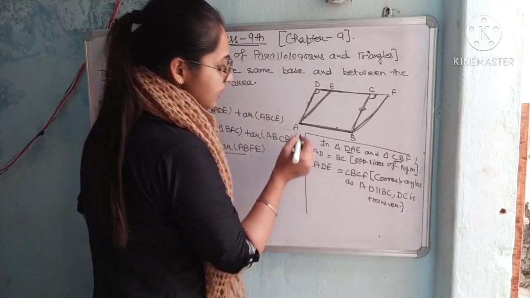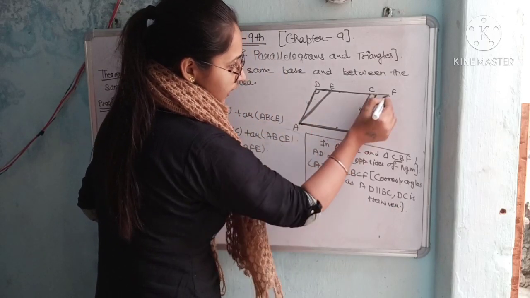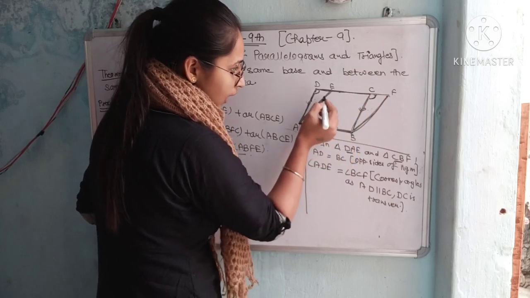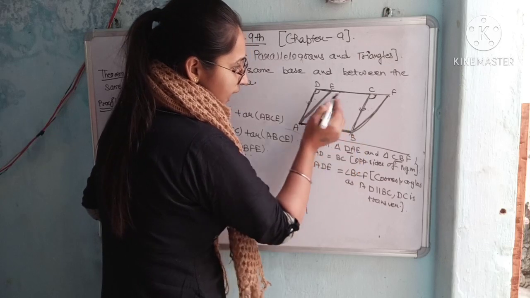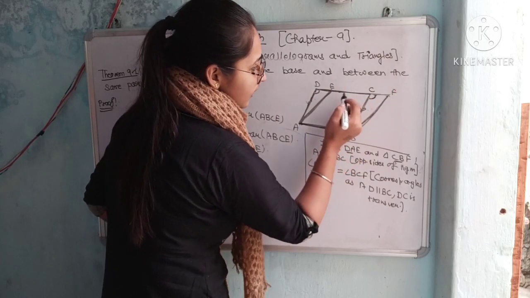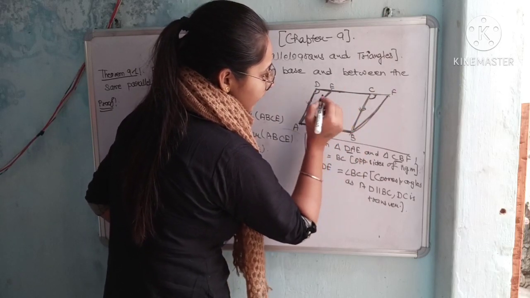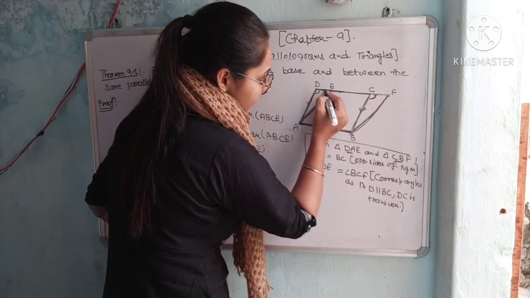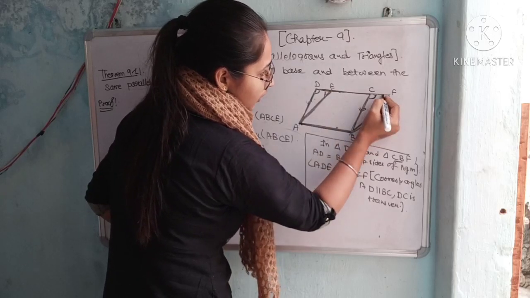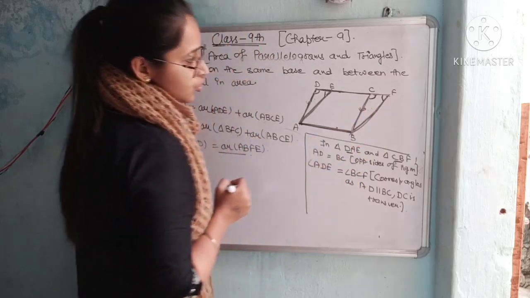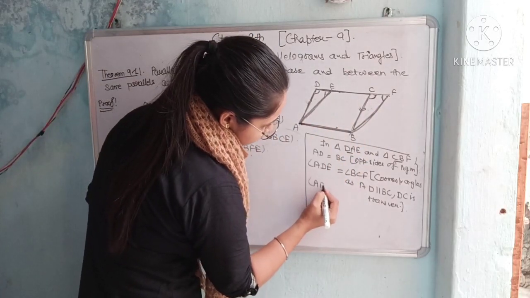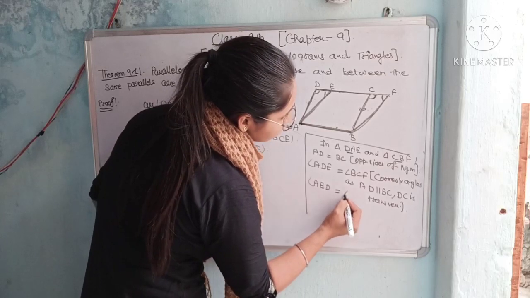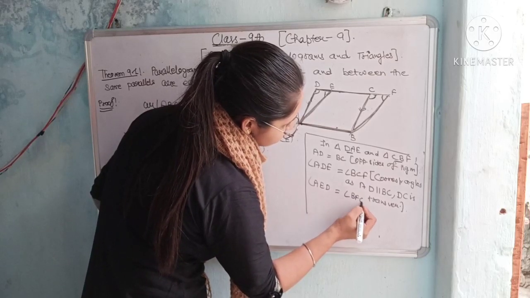Now similarly, see, ABFE is also a parallelogram. It means AE is parallel to BF, and EF is a transversal line. So this angle will be equal to this angle. So angle AED will be equal to angle BFC.